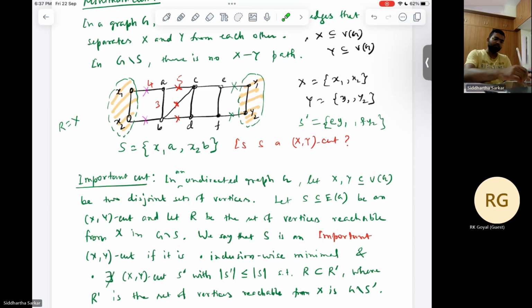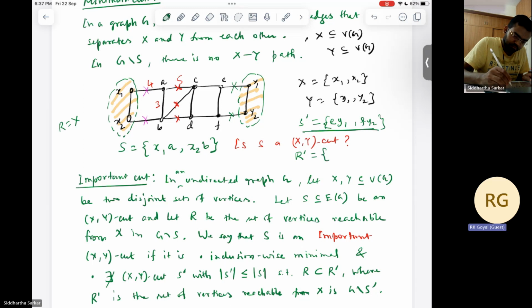But what is the status of S dash? Is S dash an important cut? S dash would be an important cut if I cannot expand X further.